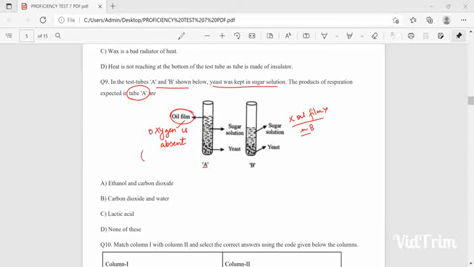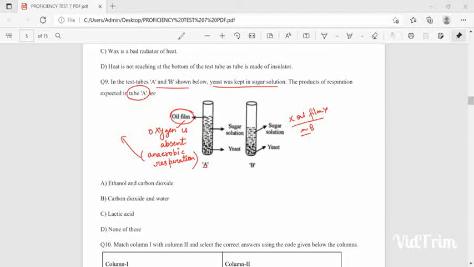So the yeast present here will carry out anaerobic respiration, and we know what products are formed because of anaerobic respiration. In anaerobic respiration, the products formed are ethanol. There is a word written here in the options, ethanol. Ethanol is nothing but alcohol.